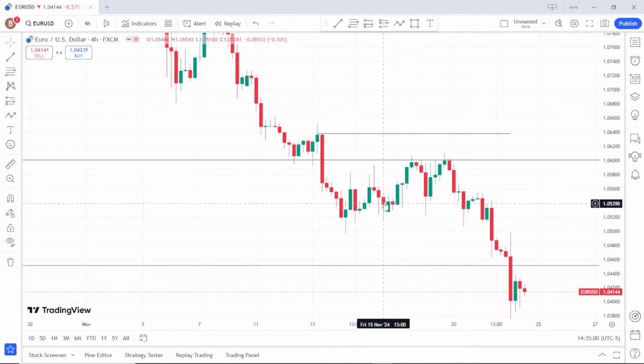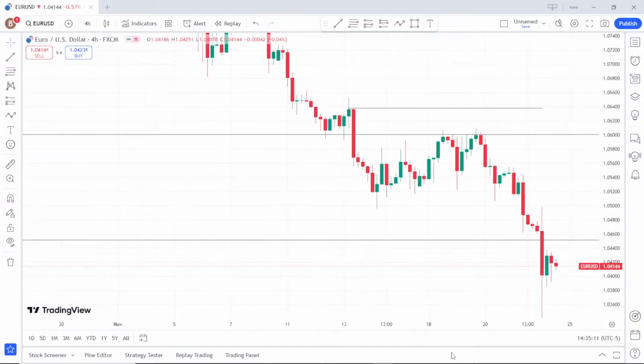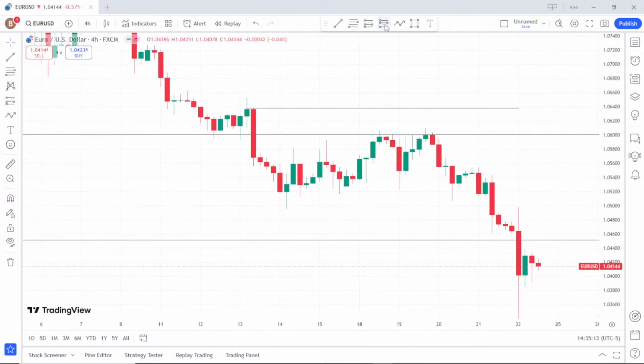And so, on Monday, I'll be anticipating a likelihood of dropping down. And that was what I anticipated. So I'll be only looking for bearish setups. And how will I be looking for bearish setups?